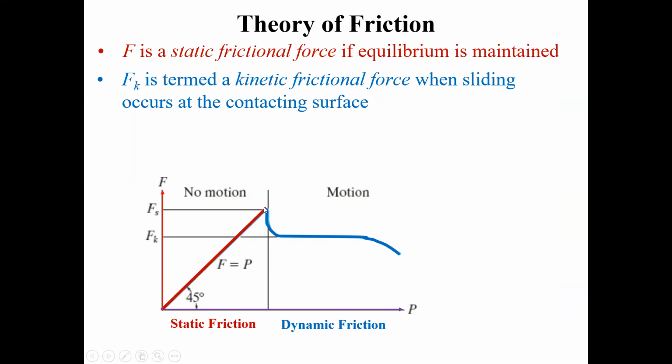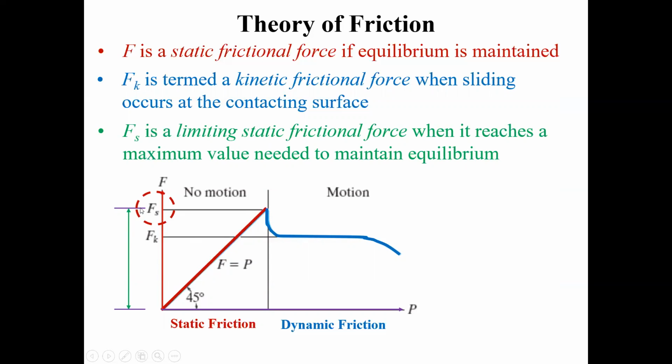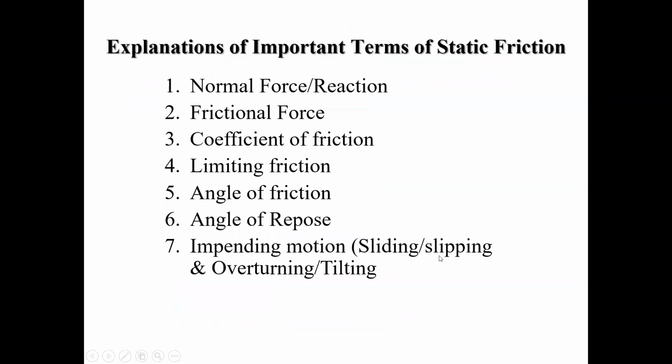Once it reaches the maximum value, then it starts moving and goes under the kinetic friction. And the maximum value is called the limiting frictional force. Then there is the normal force and also the frictional force. The ratio of friction force to normal force is called the coefficient of friction. It is denoted by mu s.